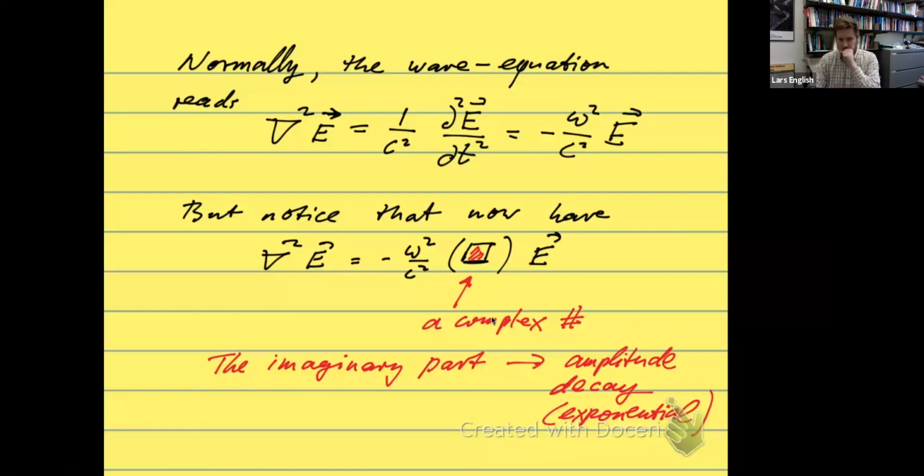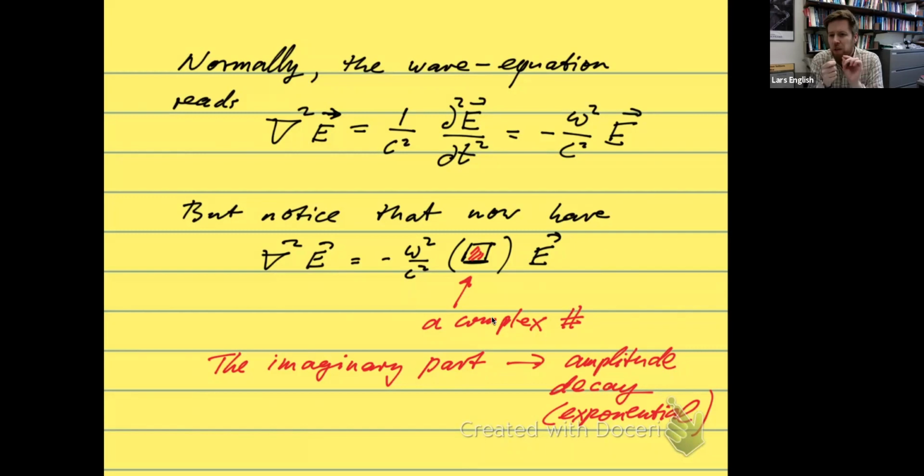Now what I'm going to just assert, but you can think a little bit more about it, is that if that number were a real number, we'd be good. But the problem is the imaginary part of that complex number. The imaginary part now leads to amplitude decay.